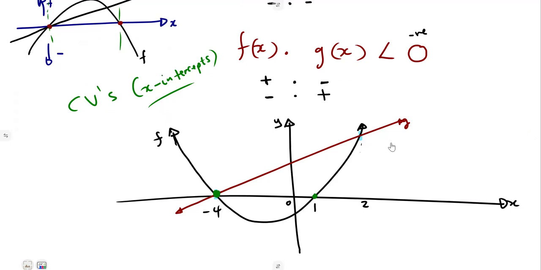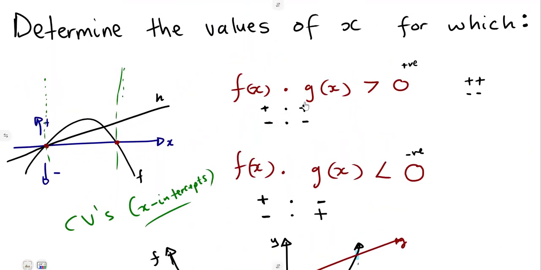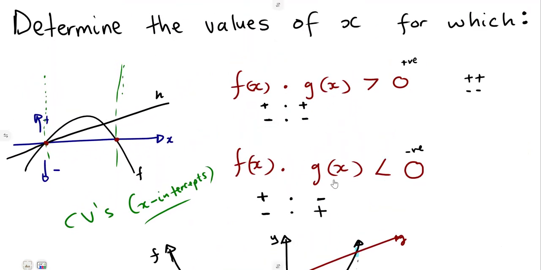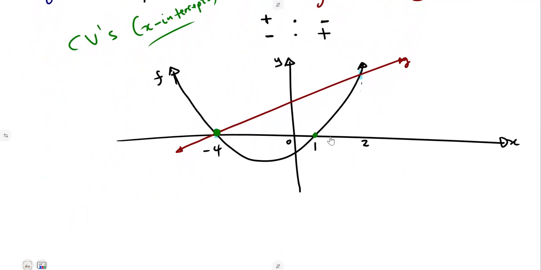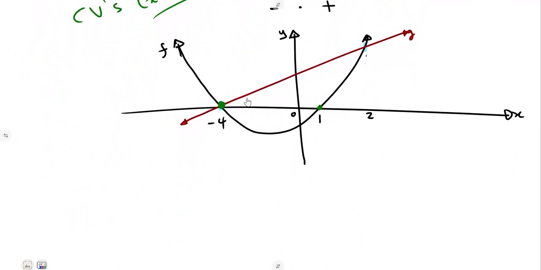Whenever you are going to be given any question related to this part that we have on top, let's say this is our diagram, like we are given our f and our g. Then the question is to determine the values of x for which the product of these two, f of x and g of x, is greater than 0. It can be greater than or equal to 0.